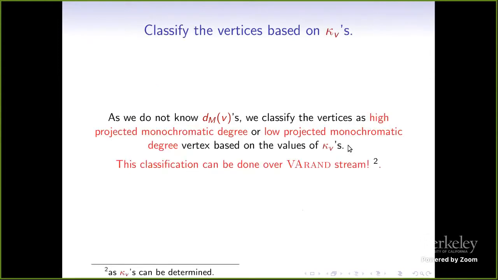So to cope with this, our idea is to classify the vertices as high or low depending on the value of projected monochromatic degrees, that is kappa V's. And this can be done because we have already discussed that the quantity kappa V's, the projected monochromatic degrees, can be computed over a random order vertex arrival stream.